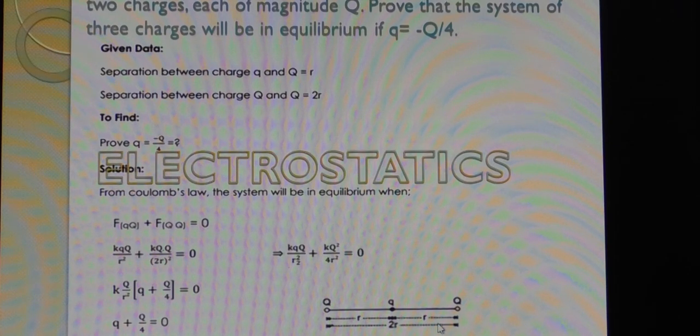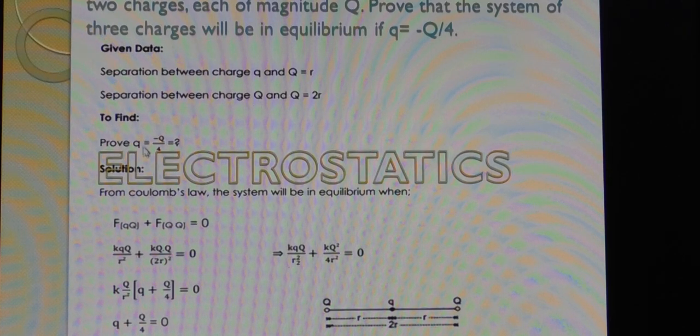So what would be the distance between the two charges, capital Q's? That would be r plus r gives you 2r. Alright, so we write down here this fact in the data given. Separation between the charges small q and capital Q, that is small r. Separation between the charges capital Q and Q, that is 2r.